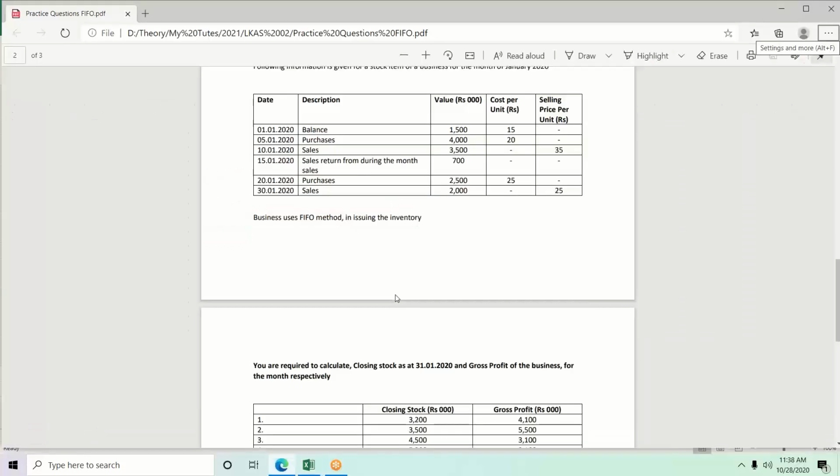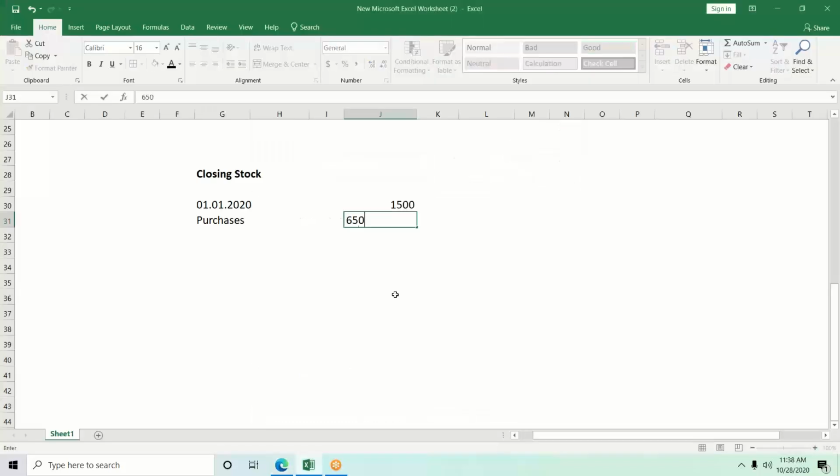During the period you have purchased 4,000 units, and again 2,500 units. Altogether you have purchased 6,500 units. Yes or no? Yes. See how you're going to do the closing stock calculation without preparing the stores ledger under the FIFO method.